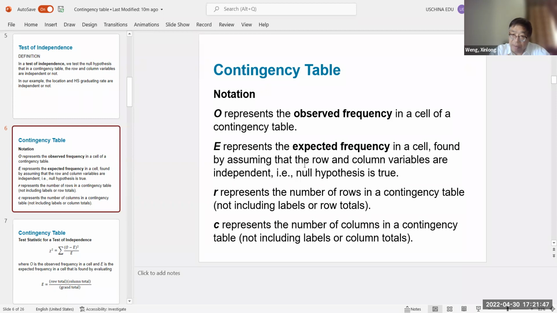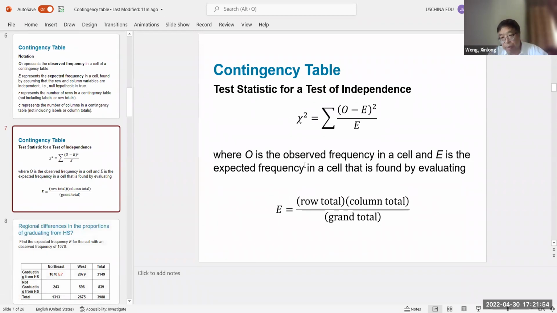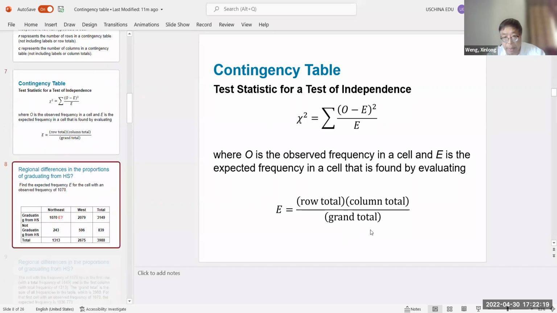R is the number of rows, and C is the number of columns. That's easy. Here's the formula to calculate the chi-square, and the formula to calculate the so-called expected value for each cell. We will come back to the formula later.